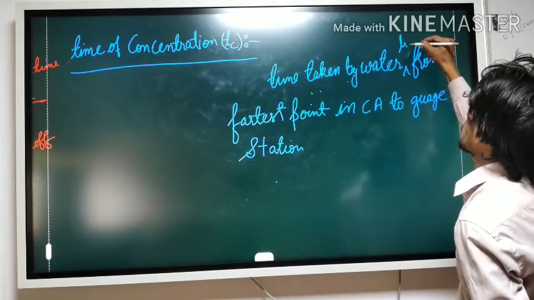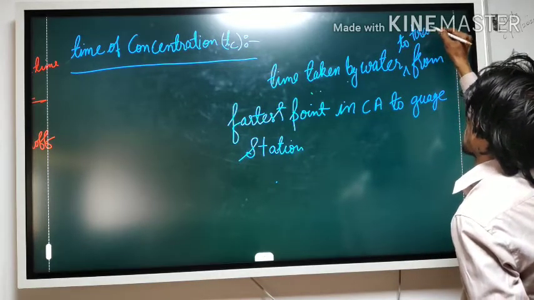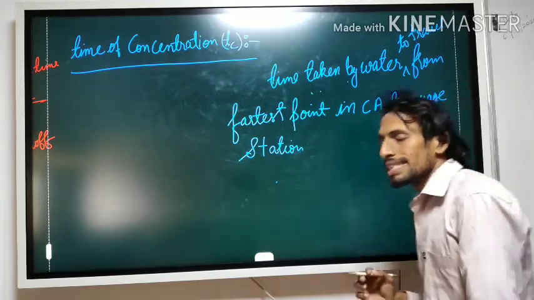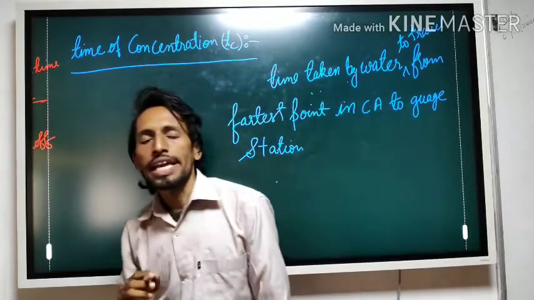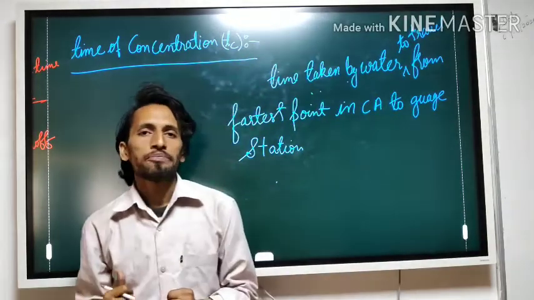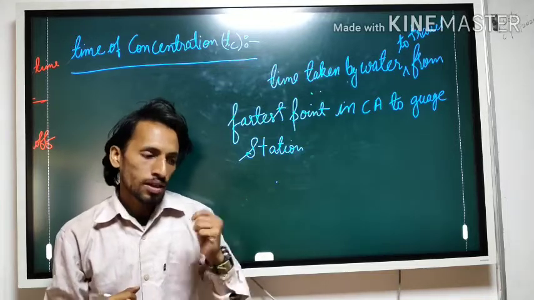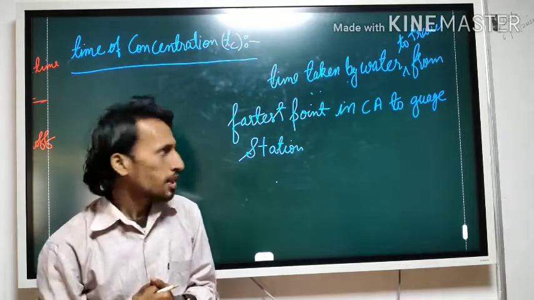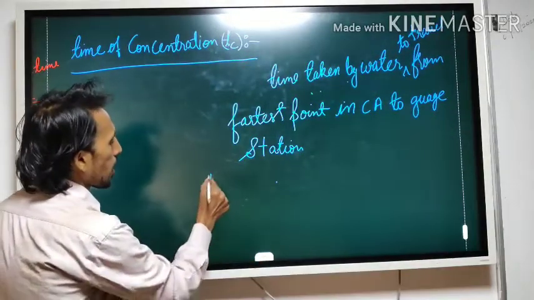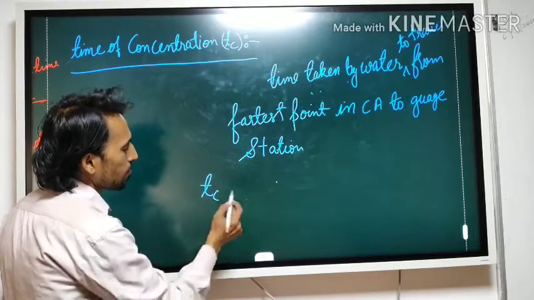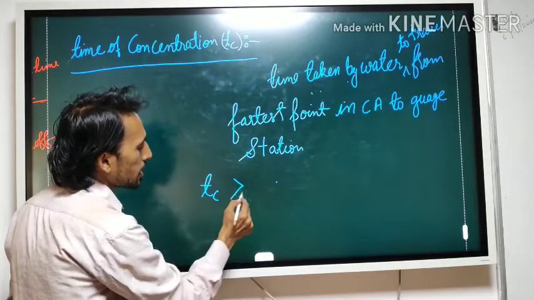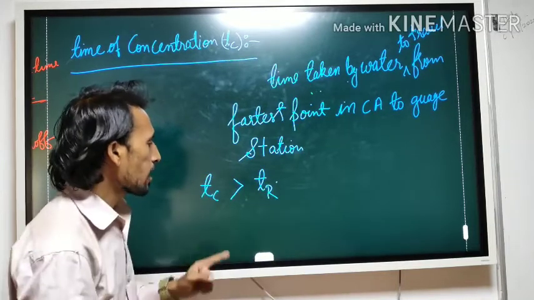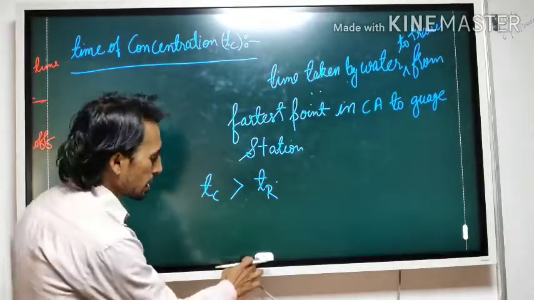So the time which the water takes from the farthest point to the gauge station is called your time of concentration. The fact is that time of concentration usually is greater than the time of rainfall.